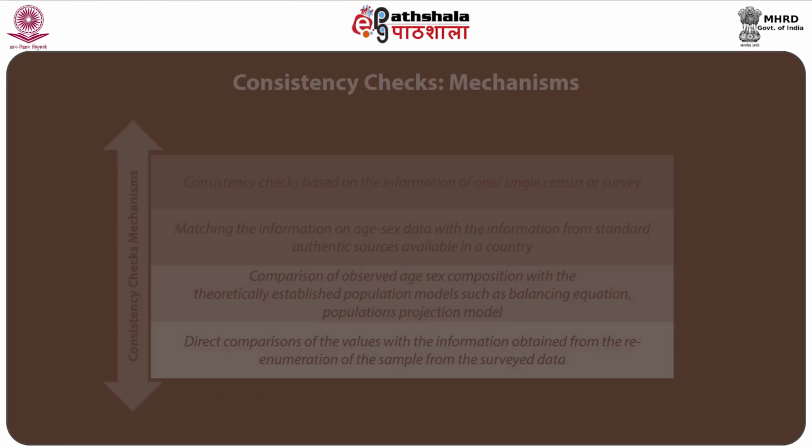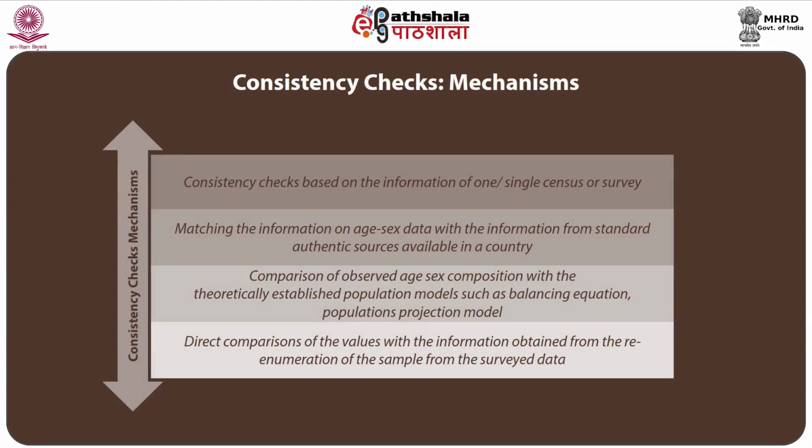Fourth, a direct comparison of the values with the information obtained from re-enumeration of the sample from the survey data. So, it is possible that a re-enumeration of some of the samples might provide some information on the quality of data captured through the survey or through the census.